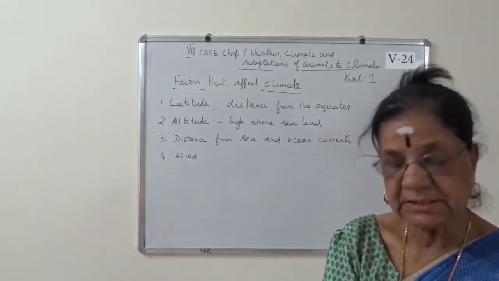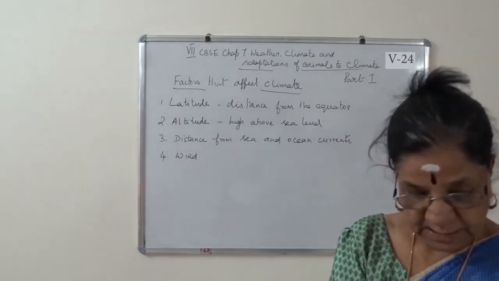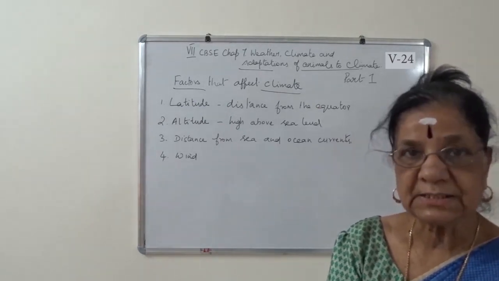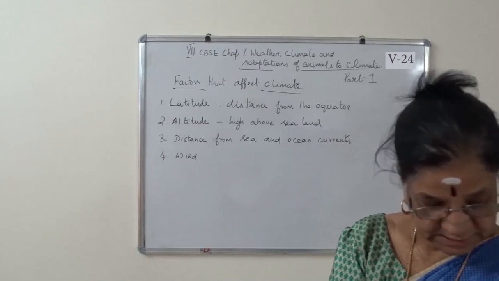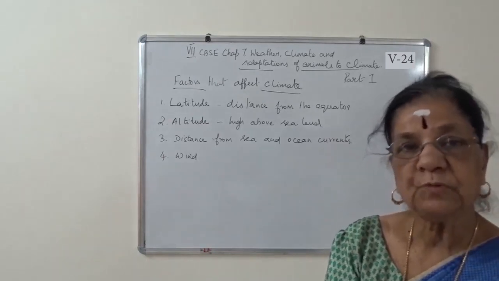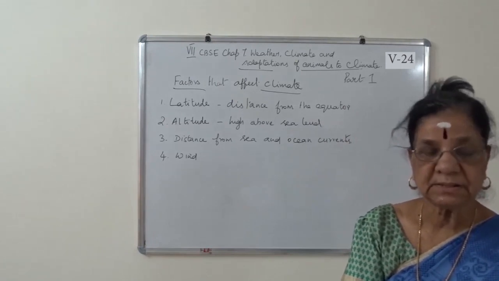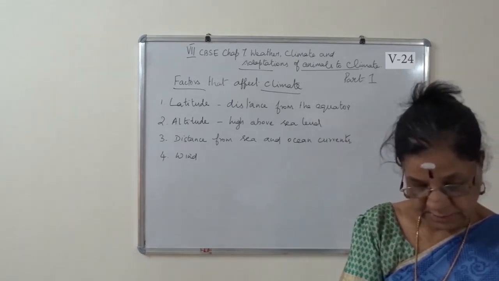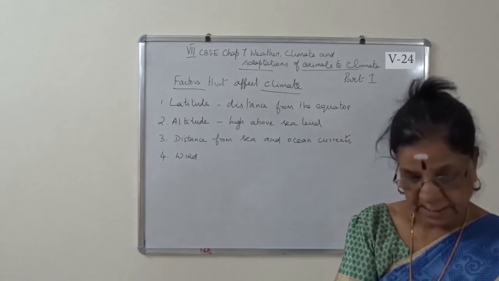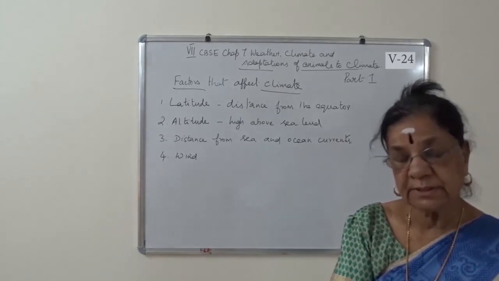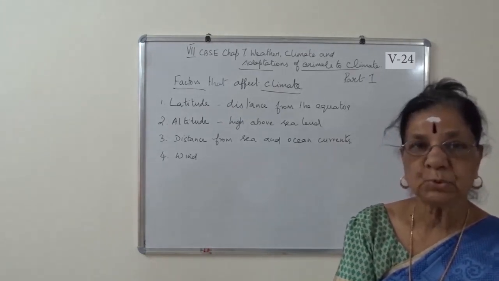Also, climate change is influenced by several other factors, such as variation in the amount of solar radiation received by the earth, volcanic eruptions, and human activity like burning of fossil fuel.